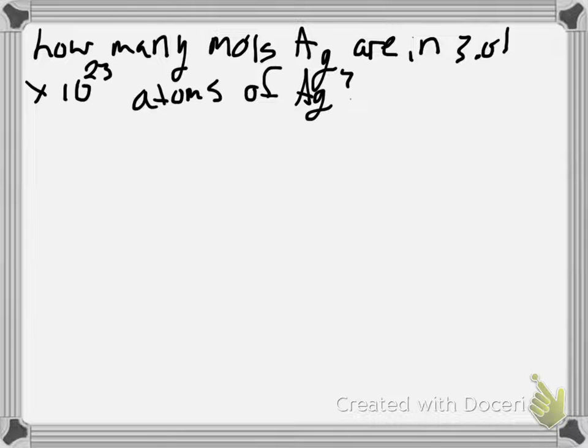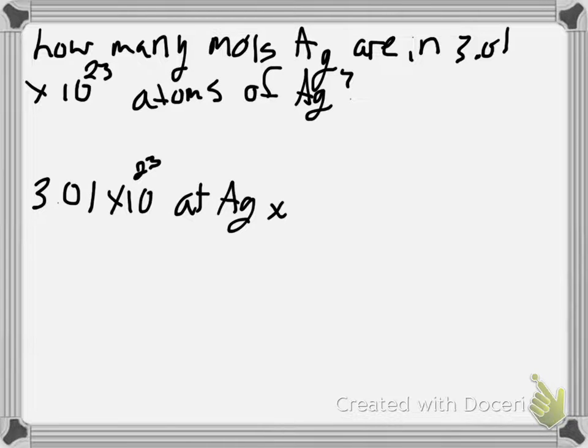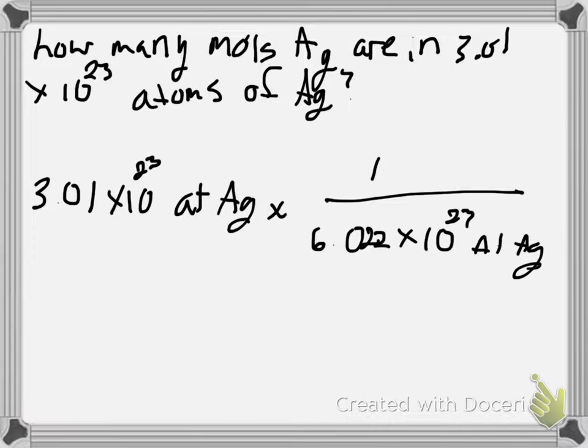So this time we want to go from number of atoms to number of moles, so you are going to need Avogadro's number for this. Okay, so we start with 3.01 times 10 to the 23rd atoms of silver, and we use Avogadro's number, so 6.022 times 10 to the 23rd atoms of silver, and we know that that's 1 mole of silver.